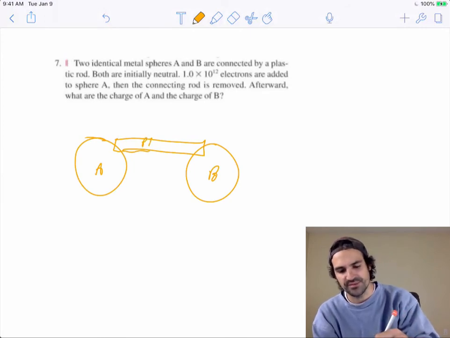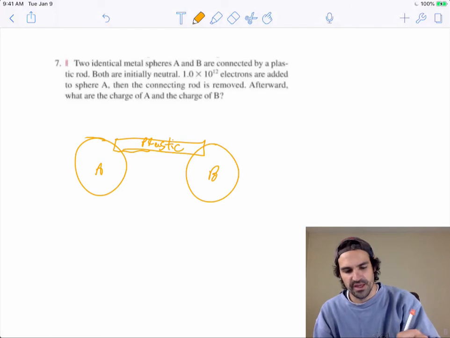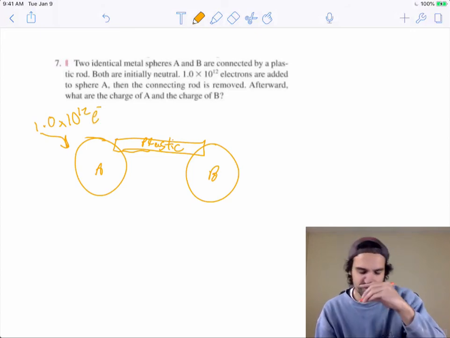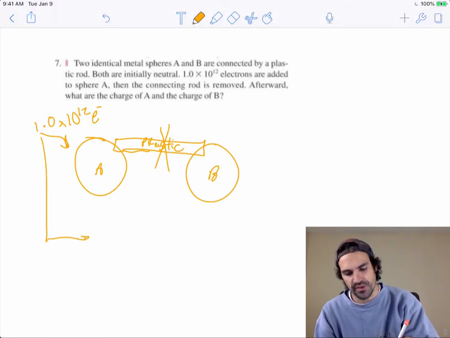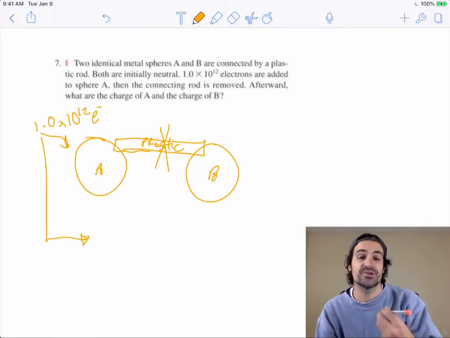This is plastic, which means no electrons are going to transfer. And we have 1.0 times 10 to the 12th electrons being added to this. And they're allowed to fester, but of course none of them will transfer because it's a plastic rod, which means we're still going to end up with 1.0 times 10 to the 12th electrons.